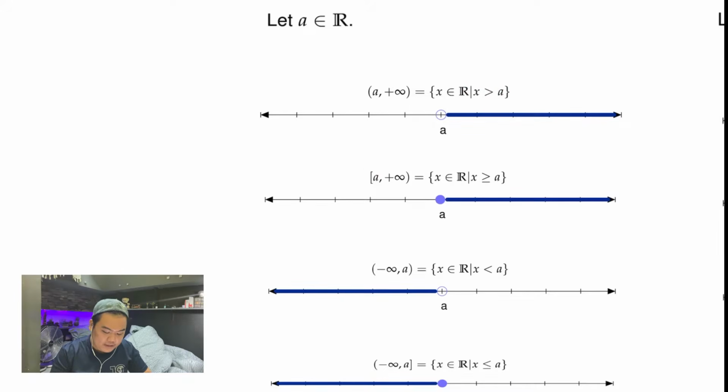Kapag may square brackets naman, okay, ibig sabihin nun, the set of x such that x is greater than or equal to A. So, etong nasa right ni A, kasali si A. Kapag negative infinity to A naman, ibig sabihin nun, nasa left ni A, pero hindi kasali si A, kaya bukas siya, open.